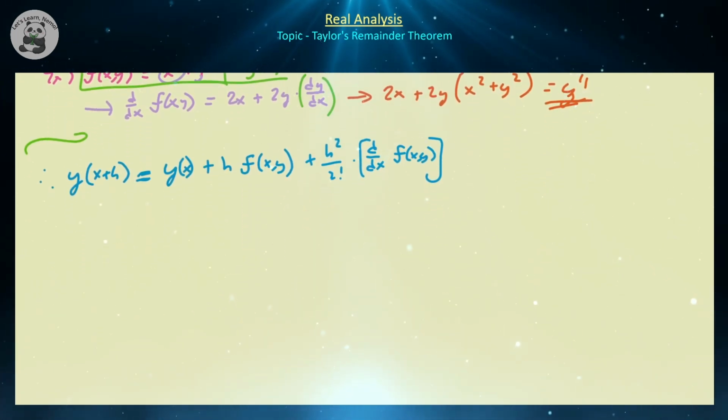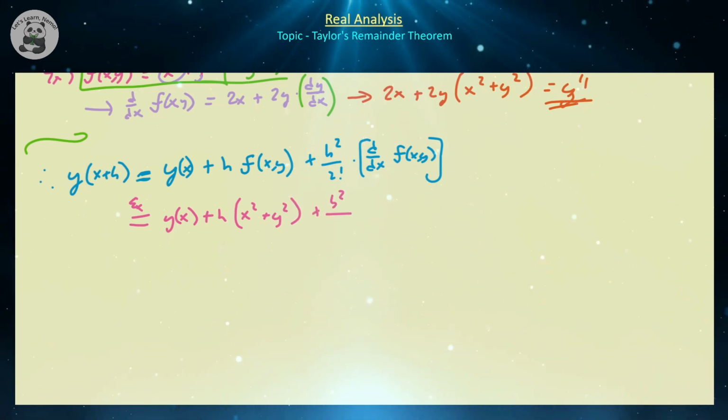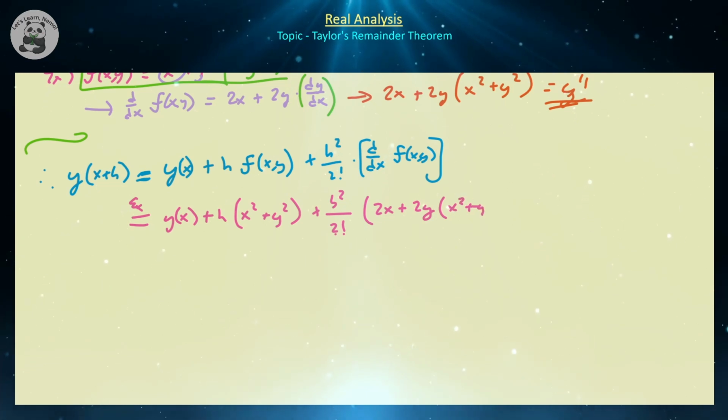So different differential equations will have different d/dx of f of x, y terms. But for our particular example, we're going to have y of x plus h times x squared plus y squared. And then over here, we're going to have h squared over 2 factorial times 2x plus 2y y prime, which is x squared plus y squared, right? And that's going to be our second order Taylor series approximation.